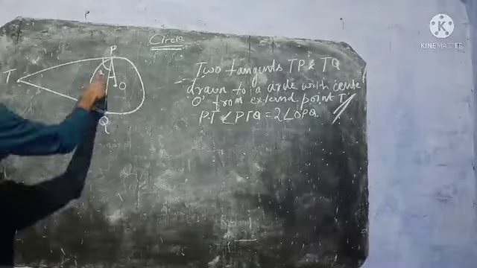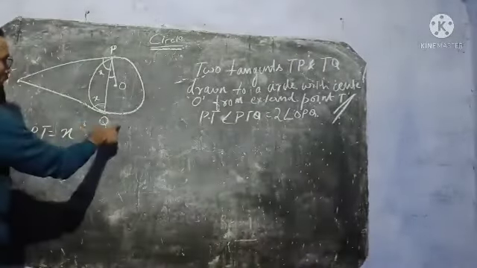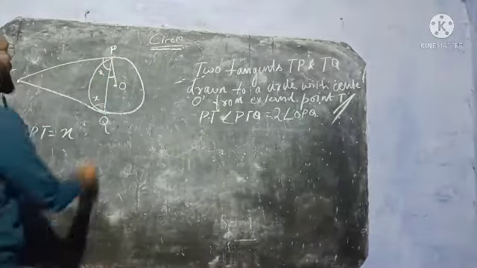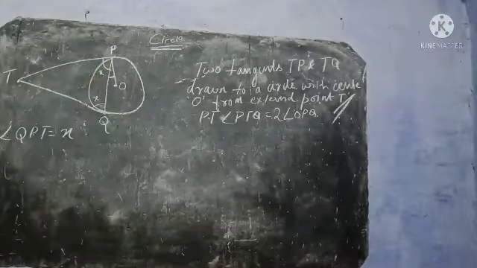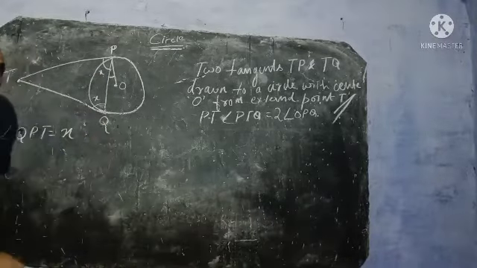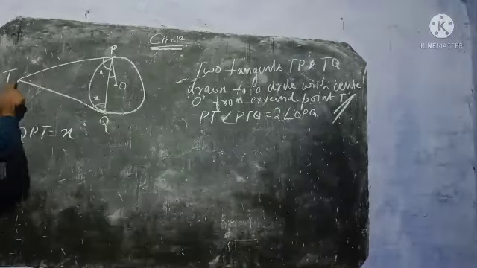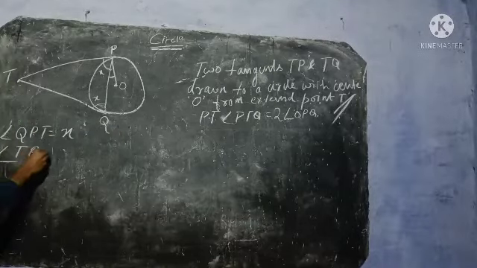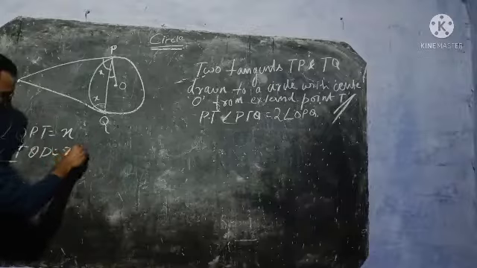So this particular triangle TPQ becomes an isosceles triangle, and these two particular angles will be equal to each other. So when I assume that QPT is equal to X, I know that my angle TQP will also be equal to X.